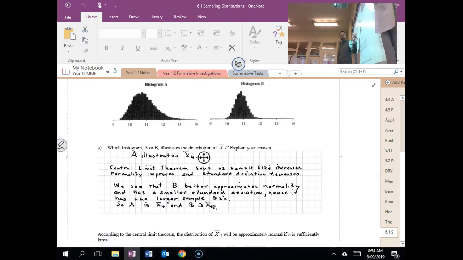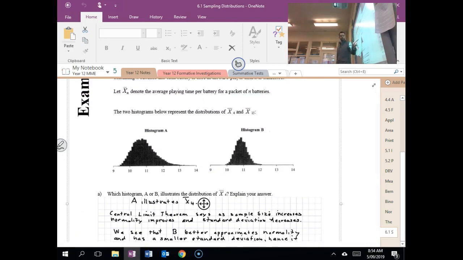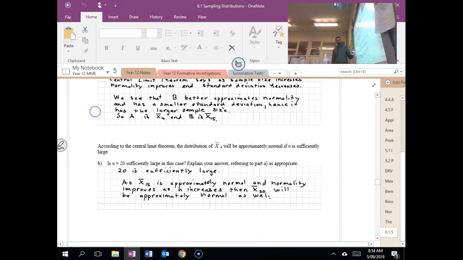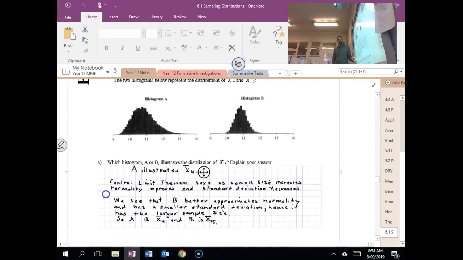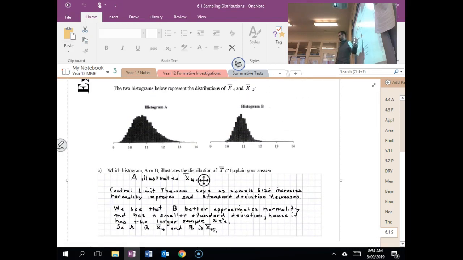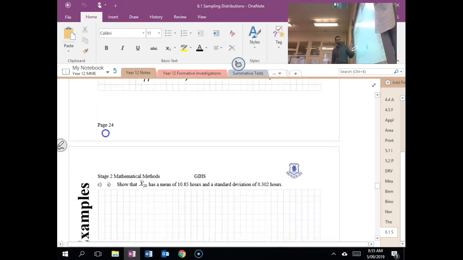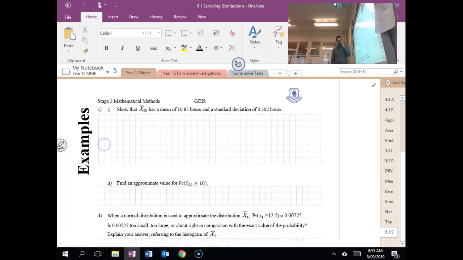But here, this is x bar 15, this one here, and that's pretty normal. That can be said to be approximately normal. And so any sample size more than that is going to be even more normal. And so we can say that n equals 20 is normal enough to apply the central limit theorem. And that's where we got up to last time.